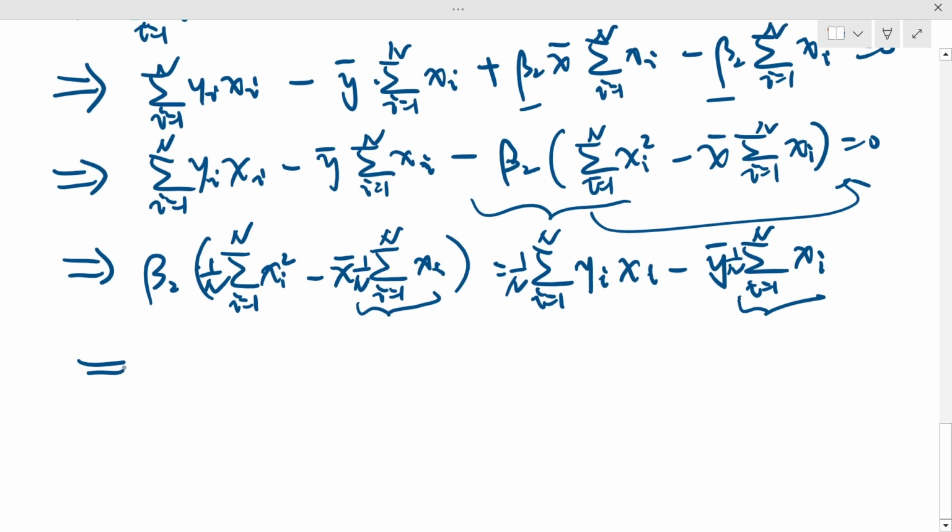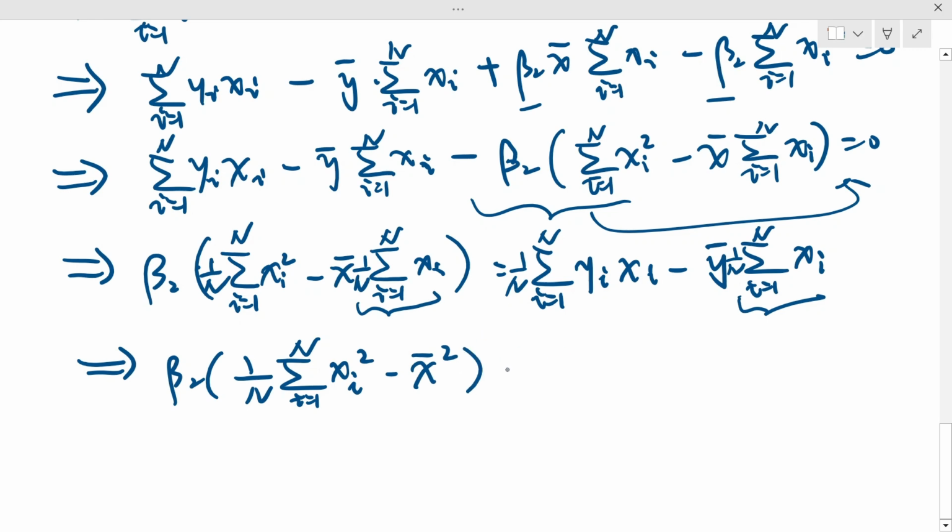So we get beta 2 times the sum of xi squared minus x bar squared, divided by x bar.